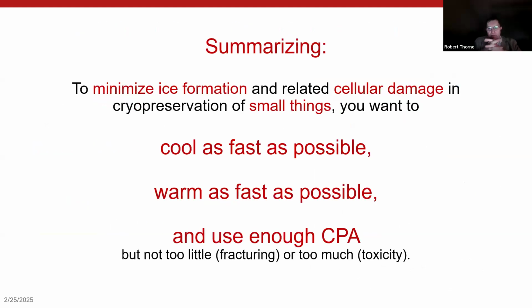So to summarize this background section, to minimize ice formation and related cellular damage in cryopreservation of small things, you want to cool as fast as possible, warm as fast as possible, and use enough CPA, which means not too little that the sample fractures or too much that CPAs kill it.